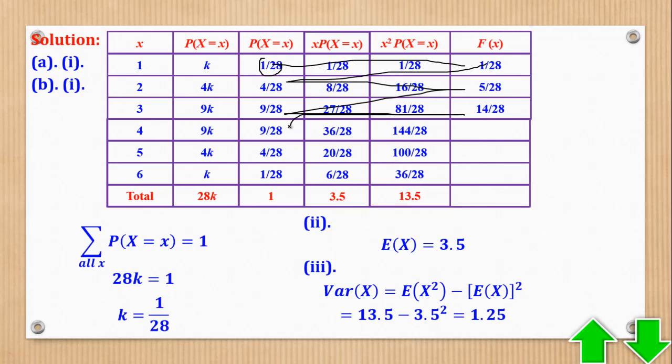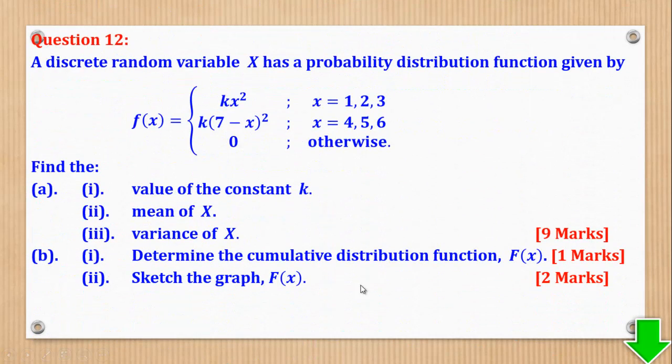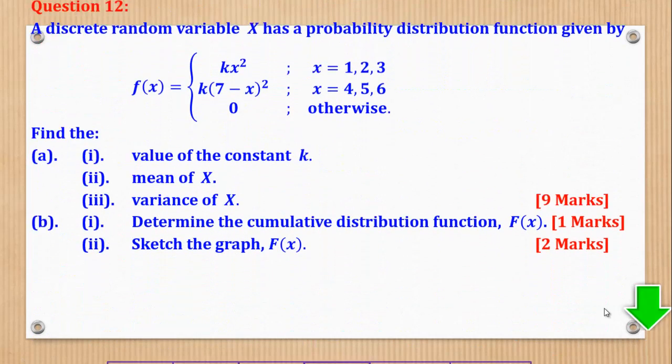That plus this, we come up with this. Plus this, we come up with, plus this, we come up with, which is 1. So that is the cumulative distribution function. Then next they told us to sketch the graph of capital Fx.